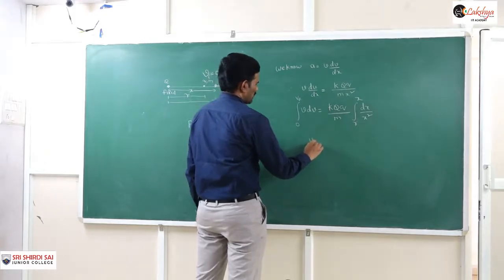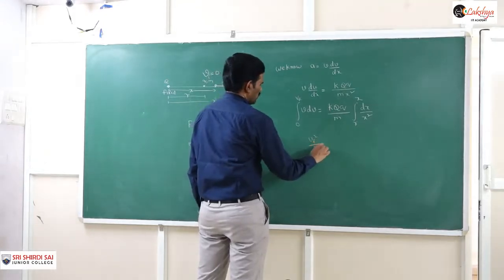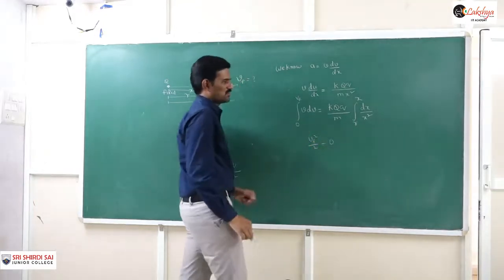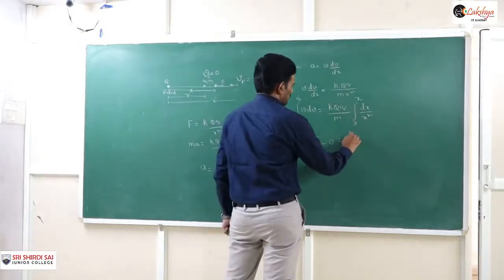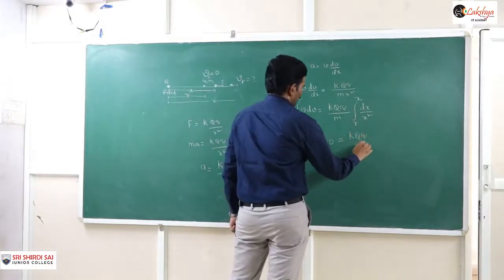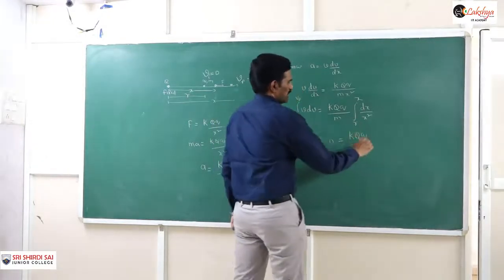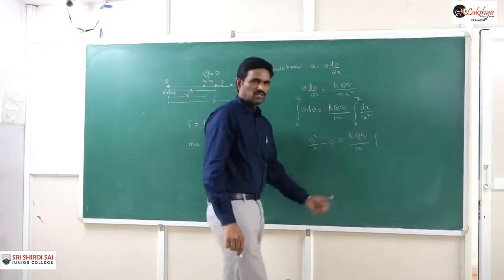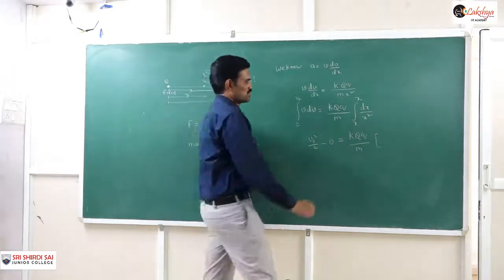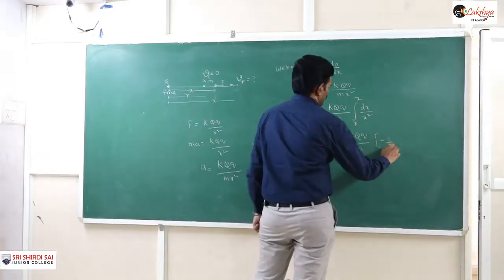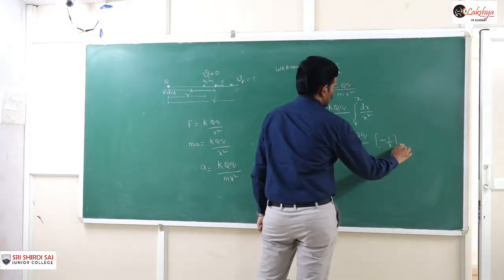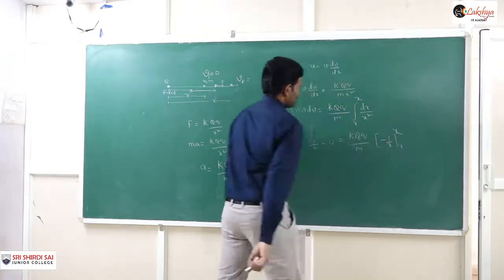You get vf square by 2 minus 0, the lower limit, equals K Q q by m times the integral of 1 by x square, which is minus 1 by x, with limits from r to x.